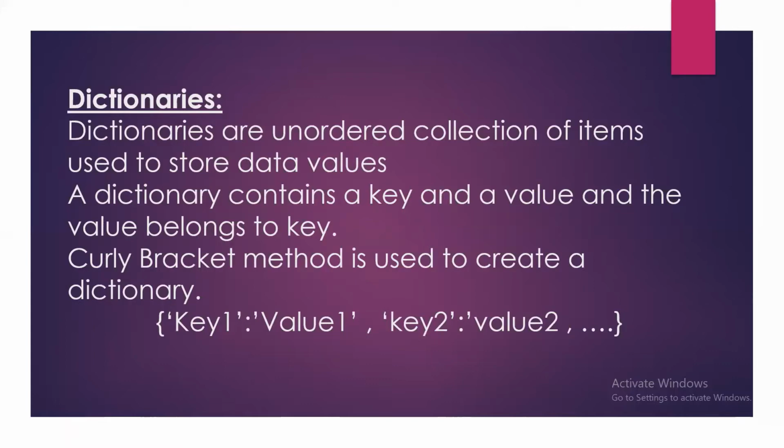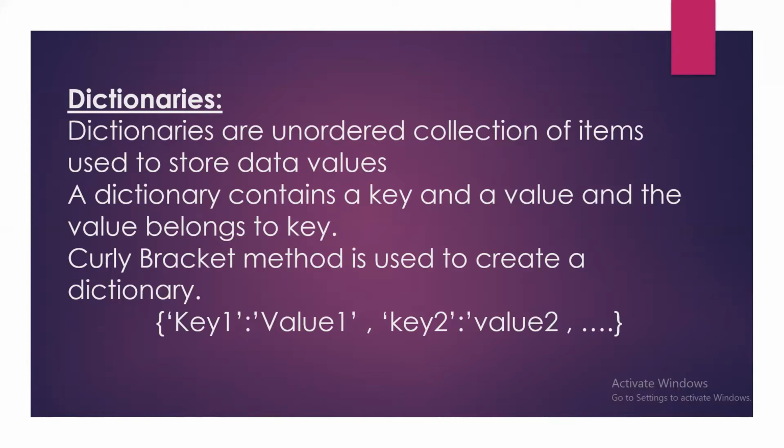A dictionary contains a key and a value, and a set of a key and a value is an item of a dictionary. The key defines the characteristics or nature of the item, and the value defines the value of the item or the value of its corresponding key.